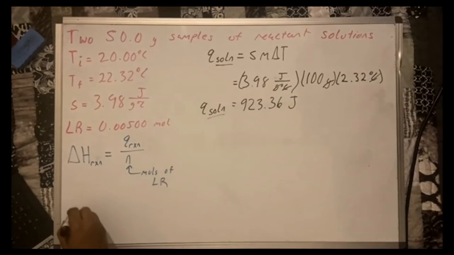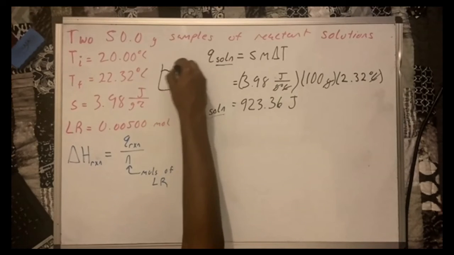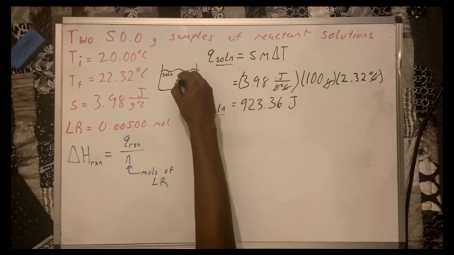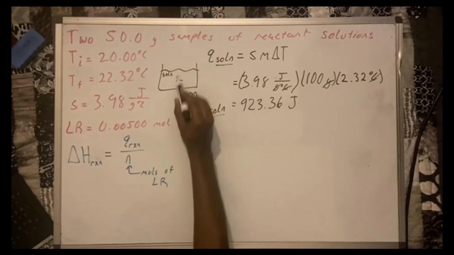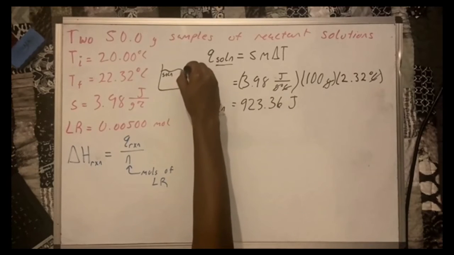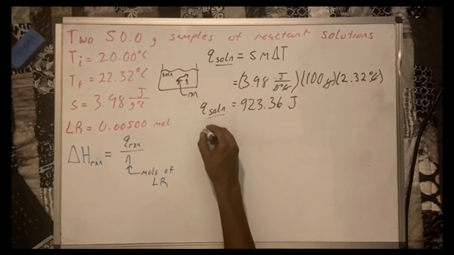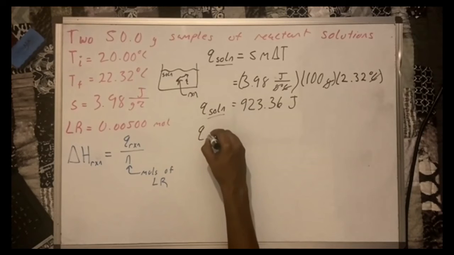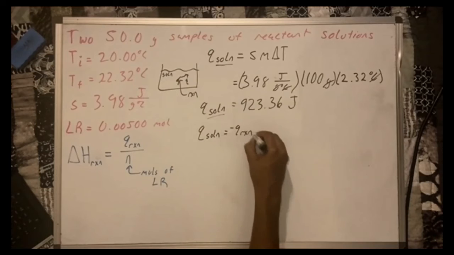So we have our solution out here, and right here, that's our reaction. Any heat that comes from this reaction is going to go into my solution. That's why I figured out my Q of the solution, because again, go back to chapter 4, you see that Q of the solution is equal to negative Q of the reaction.